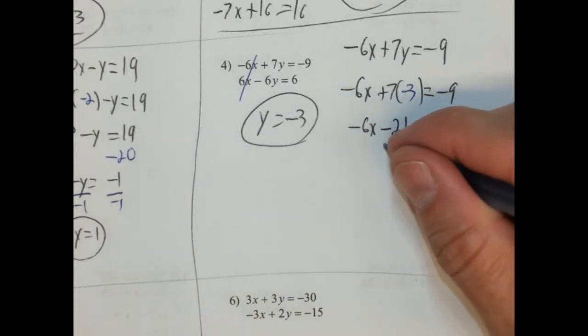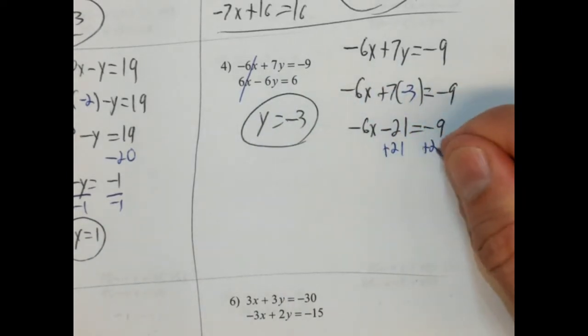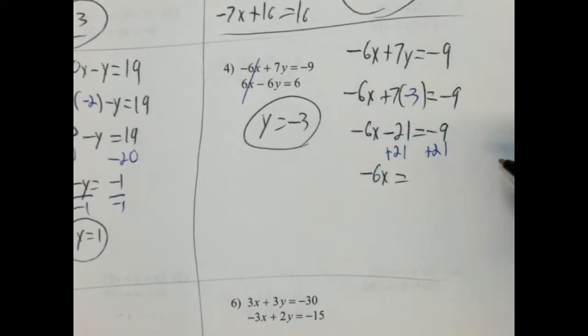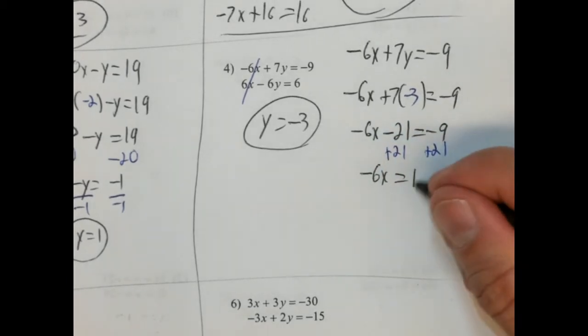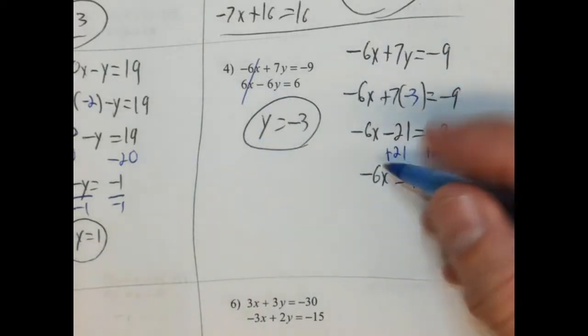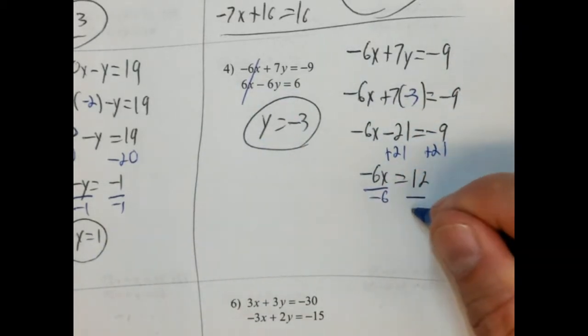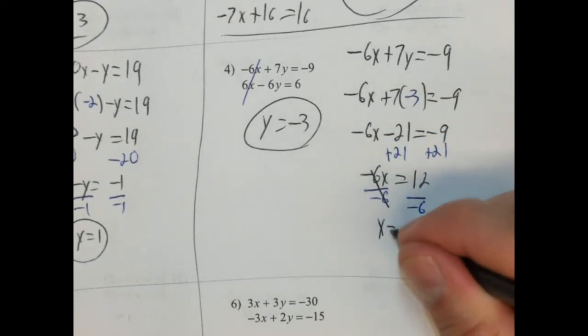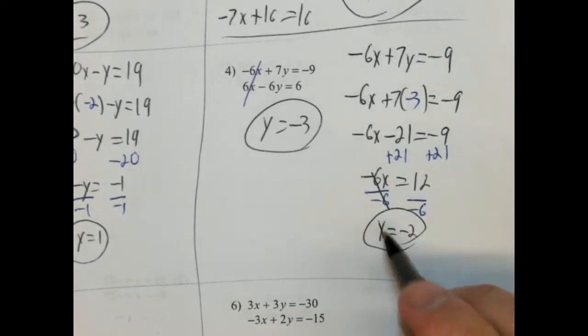Let's add 21 to both sides. So negative 6x equals 12. And divide both sides by our coefficient, which is negative 6. So x equals negative 2. So negative 2 comma negative 3.